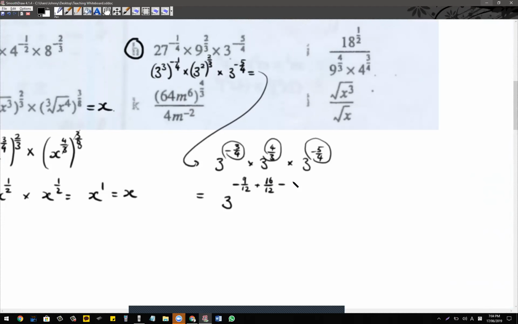Add this one, which is negative 15 on 12. So that's 3 to the power of negative 8 on 12, which is equal to negative 2 on 3. You're supposed to make this one into a positive index, so therefore you have to do this one. Okay.